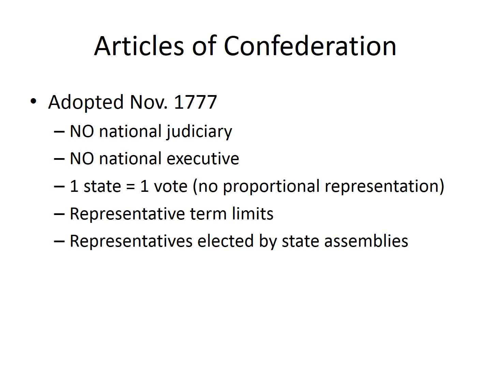Now, finally, what the Articles have is some heed paid to the logistical difficulties of popular elections. Remember, we're back in the 18th century here. You don't have electronic voting.